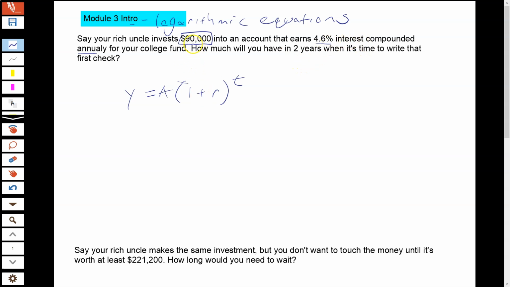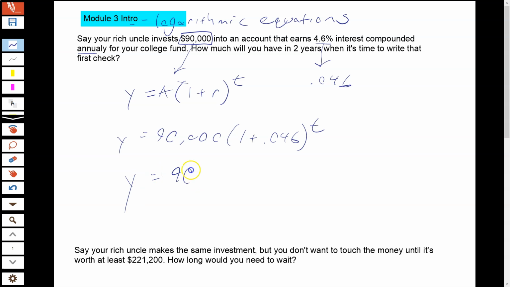I'm given $90,000, that's my starting value, my A. And then I'm given 4.6%. Remember, that's 0.046. I'll plug those in, so I'll get y equals 90,000 times 1 plus 0.046 to the t. And then I can simplify that if I want.